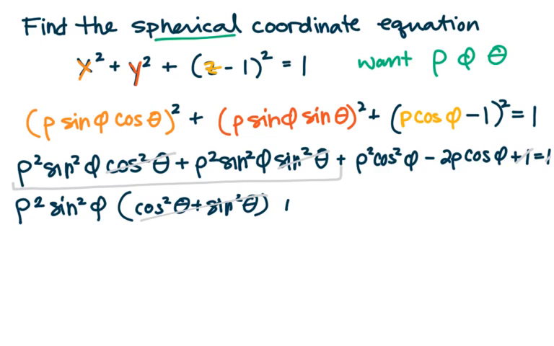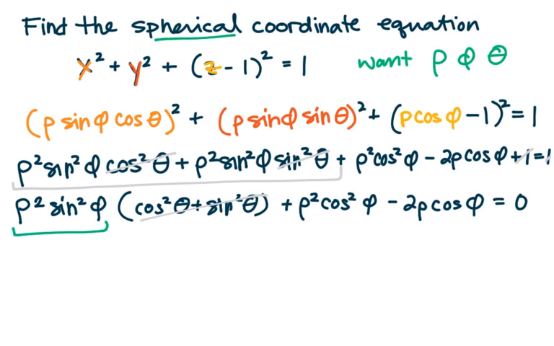So I'll write what I have left. I have plus rho squared cosine squared phi minus 2 rho cosine phi equals 0. So again, now if we look at these two terms, you'll see that the sine squared and the cosine squared are going to cancel out.